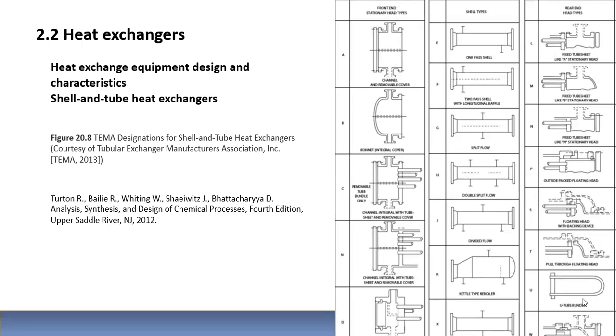Luego dice rear end head types. Estos son los cabezales que están en la parte posterior del intercambiador. Usted se dará cuenta, aquí tenemos tubos. Aquí se puede ver claramente en este tipo de cabezal hacia el final del intercambiador hay un tubo y es soldado aquí en esta pared metálica. Esta pared metálica se llama espejo.